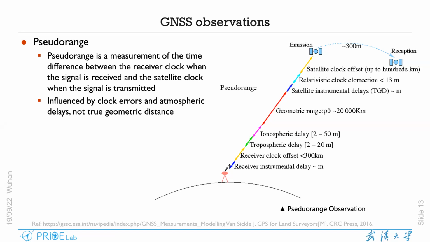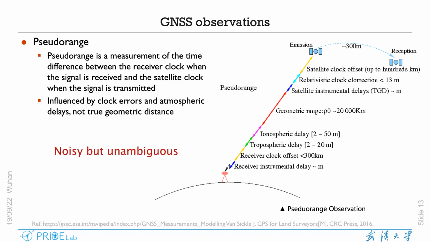Before you can process this data, you have to correct for things such as satellite clock offsets and relativistic clock corrections, instrument delays, atmosphere delays, as well as the receiver clocks. After all of this, we can have a relatively higher precision than using the raw pseudorange.